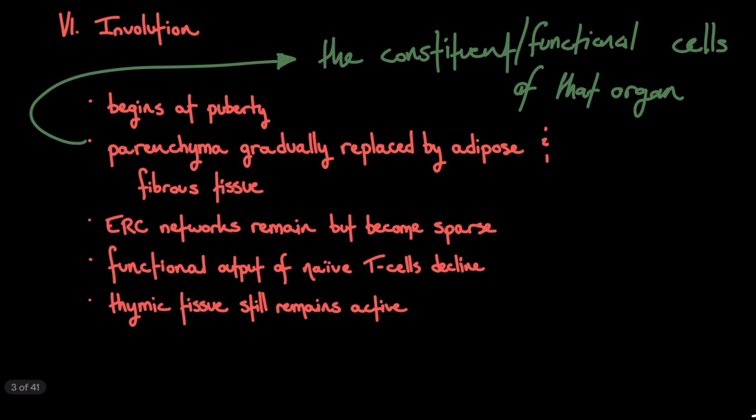But that means T-cell college goes away right around the time you're in college, if you're on the traditional path, that is. So ERC, these epithelial reticular cell networks, they're still around. We don't completely lose them, but they do become sparse, a little more diffuse.